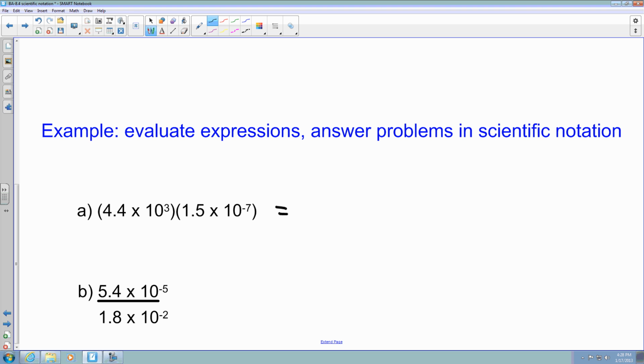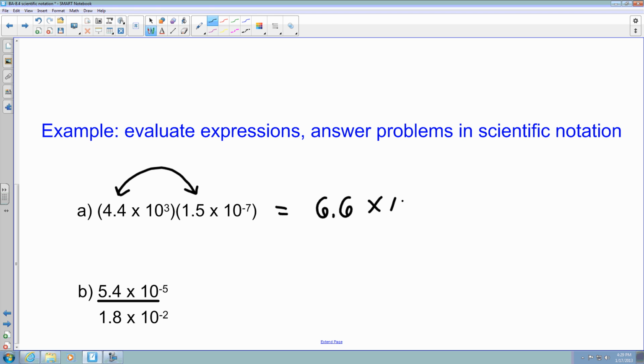First off, I want you to multiply 4.4 times 1.5. So I take 4.4 and times it by 1.5. I come up with 6.6. And this value is greater than 1 but less than 10, so I'm good there.